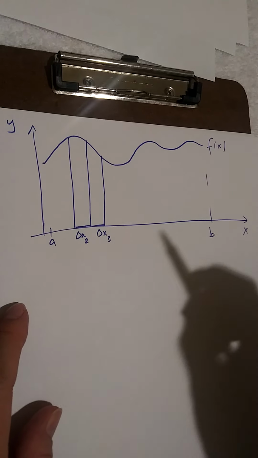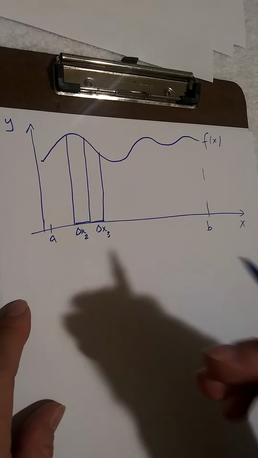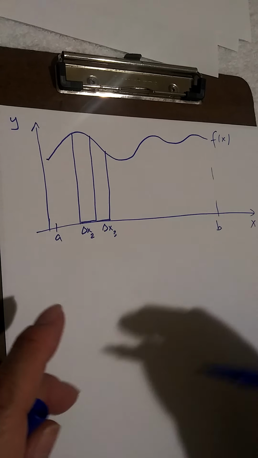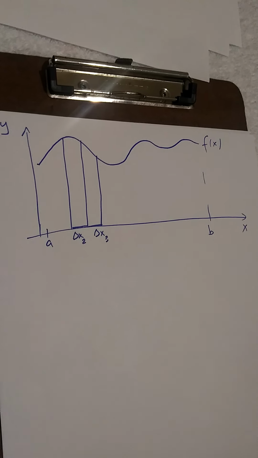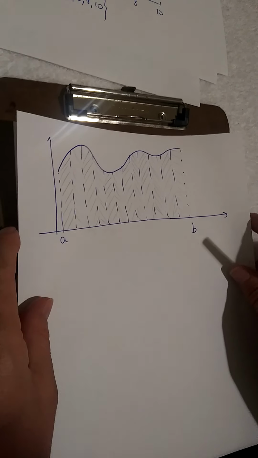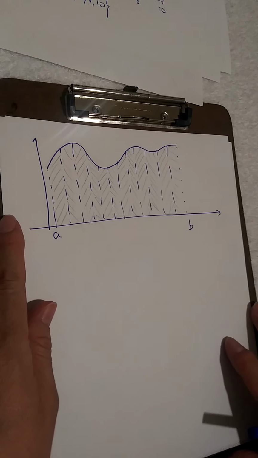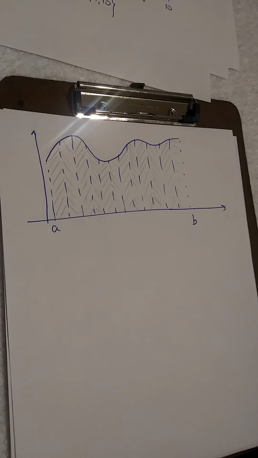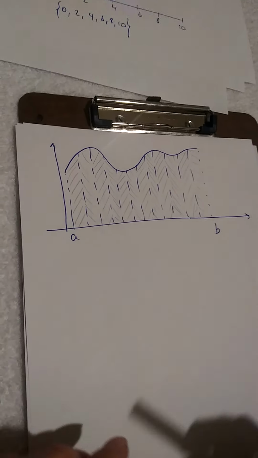So for example, if the interval is from 0 to 10, I can make it 0, 1, 2, 3, 4, 5, 6, 7, 8, 9, 10. Okay. And this is what the area looks like after you slice it. So the area under the graph looks like this. Okay, I partitioned it.